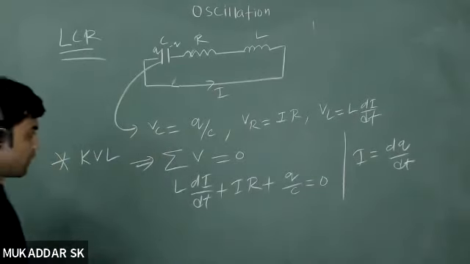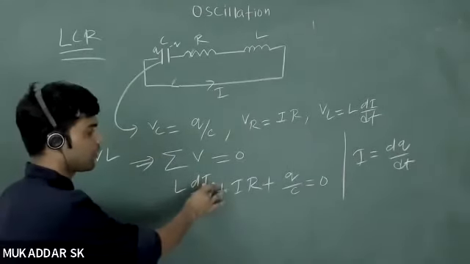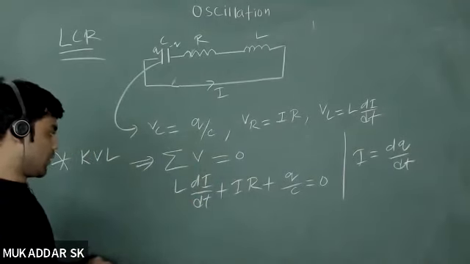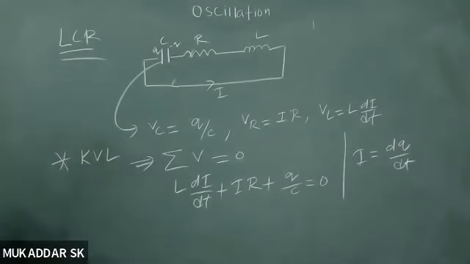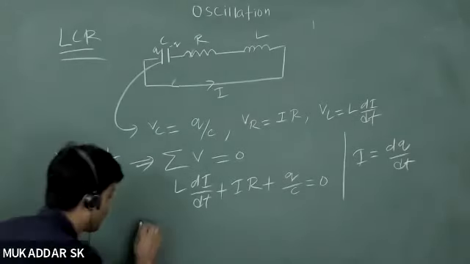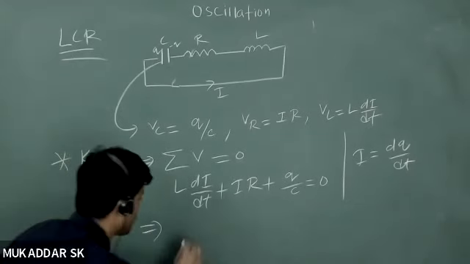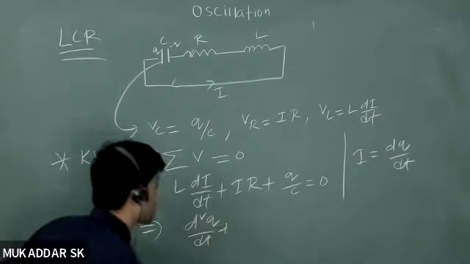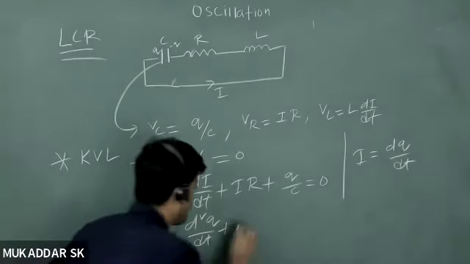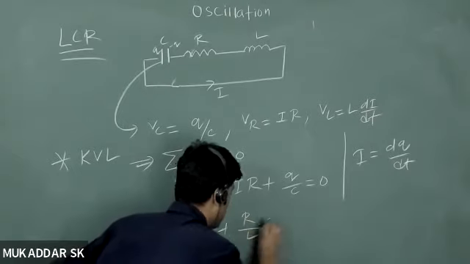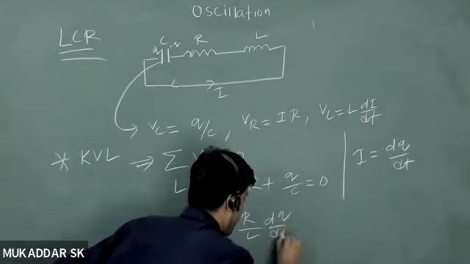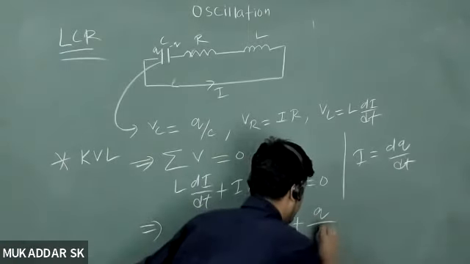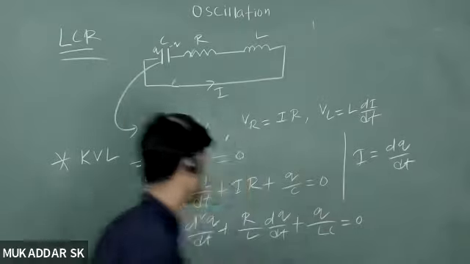Okay, so if you substitute dq by dt in place of I, and also divide this equation by L, then what form will the equation take? d square q by dt square plus R by L dq by dt, and you will have a third term, that will be q by LC, equal to 0.